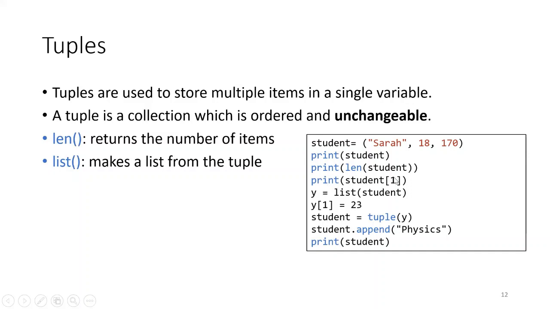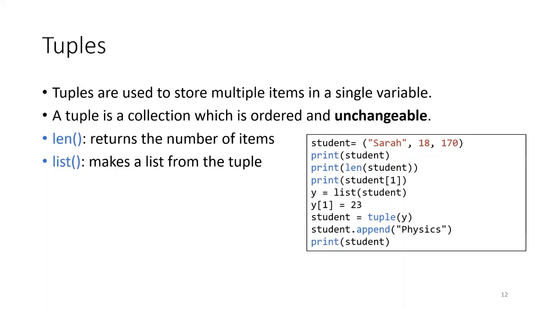The function len on a tuple returns the number of items. For example, in this case, we expect print len student to return 3 because we have 3 elements here. And we can use the indexing system that we use even with lists inside the tuples. So the first item is indexed 0, the second one is 1, the next one is 2, and so on and so forth. Pay attention that the index is always the position minus 1.